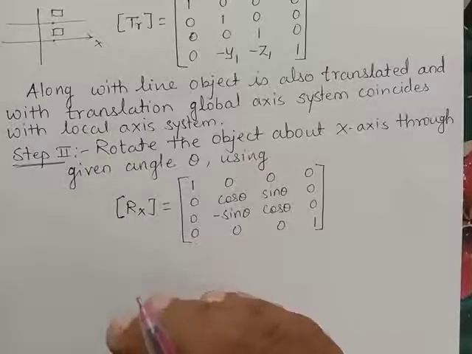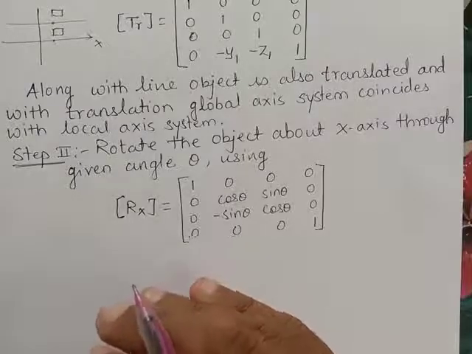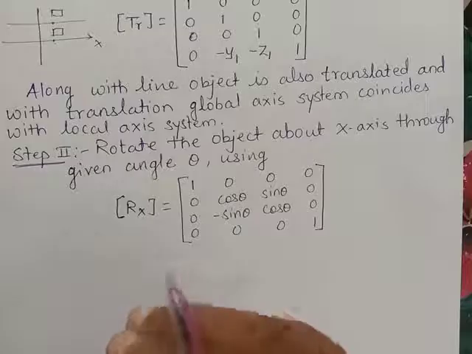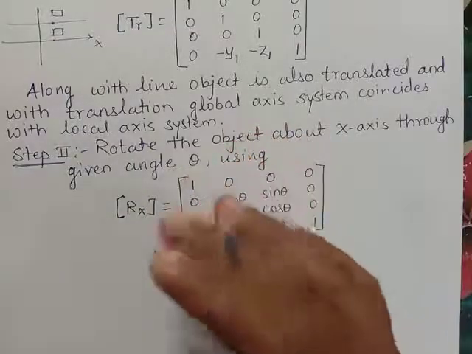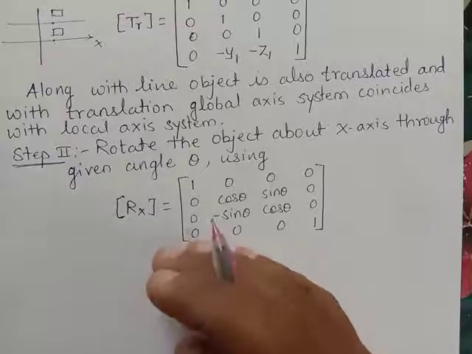But now we want that rotation about the line parallel to the x-axis. So again, shift that line to its original position by the inverse translation.